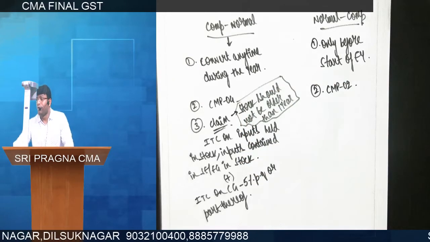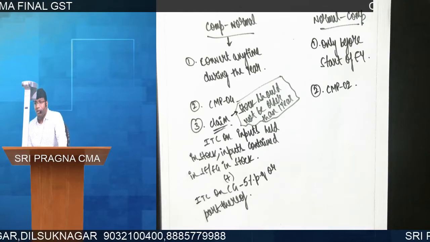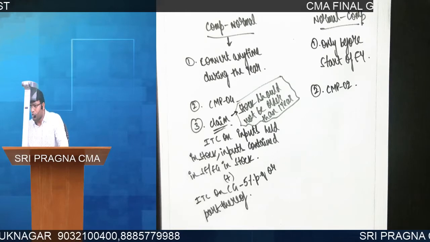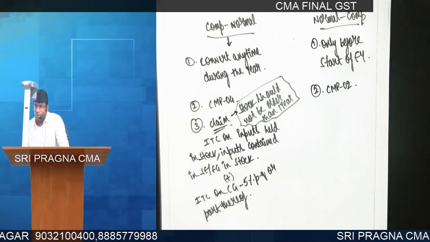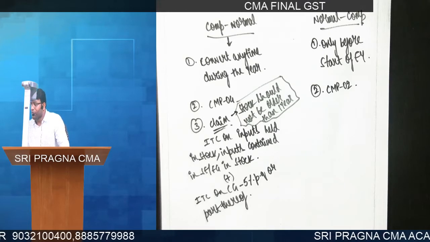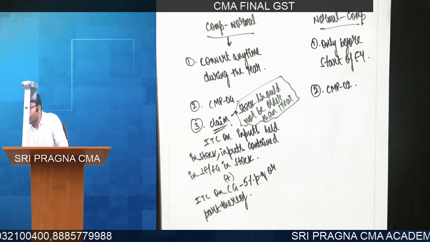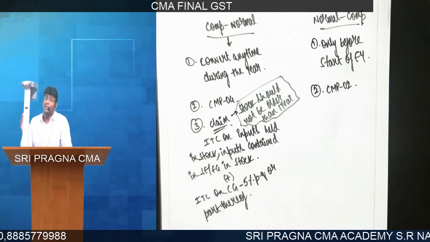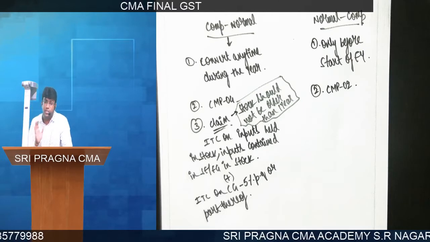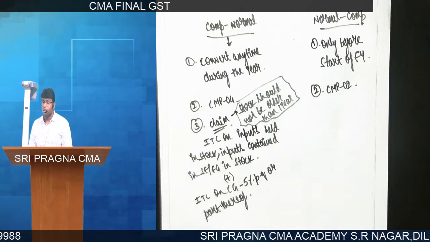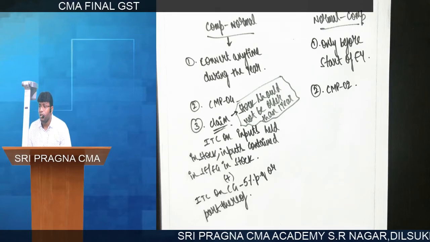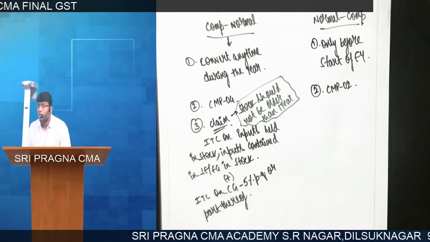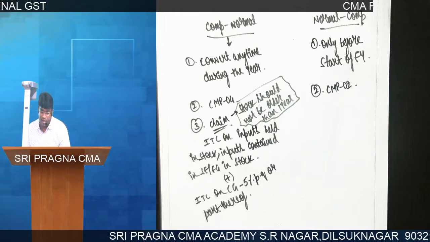In other words, what I'm trying to tell you is that the credit we want to claim on those inputs or capital goods or that stock, on the stock do we want to claim credit? That stock should not be older than 1 year. If it is more than 1 year old stock, then you can't claim credit. That's the point. Stock should not be older than 1 year. Exactly. Do we understand this point, everybody? Friends, please speak out. Excellent.